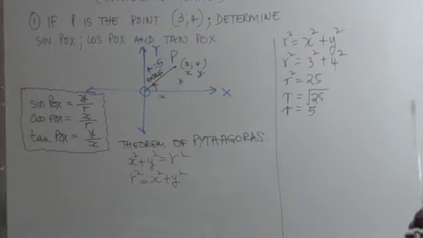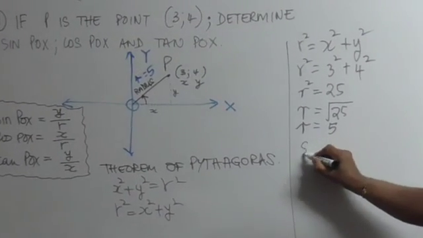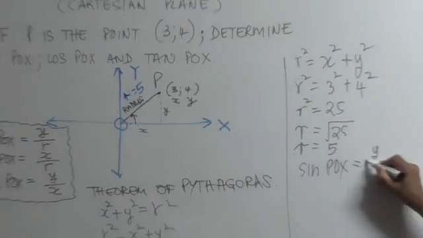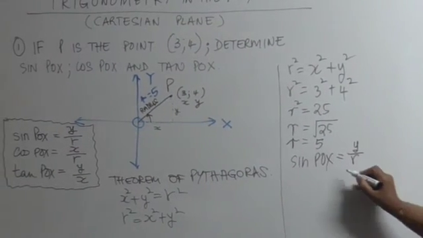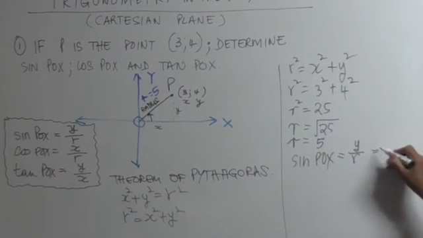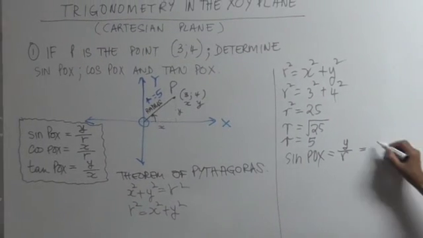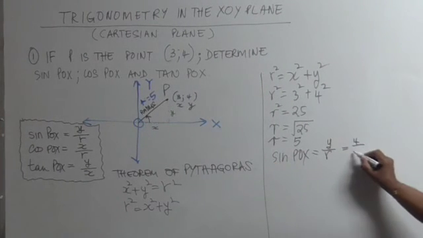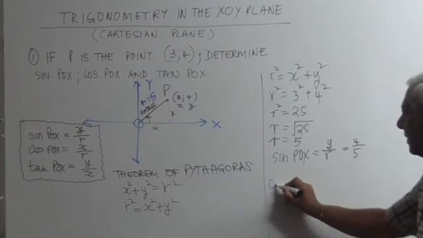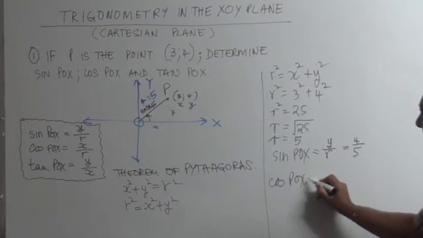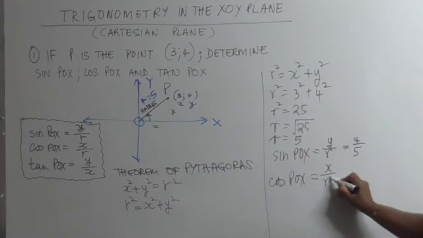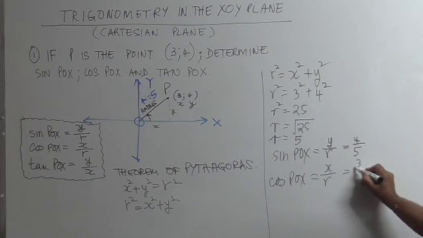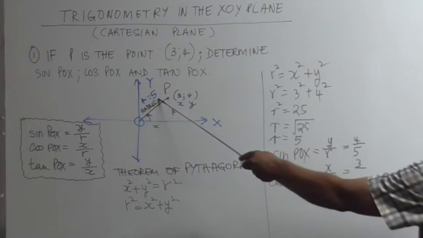Now you want sine POX. Sine POX is equal to y over r, which will give you y is 4 over r, which is 5. Then you want cos POX. It is equal to x over r. X is 3, r is 5.